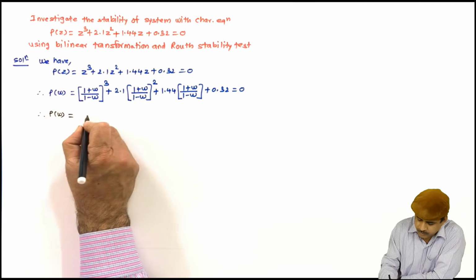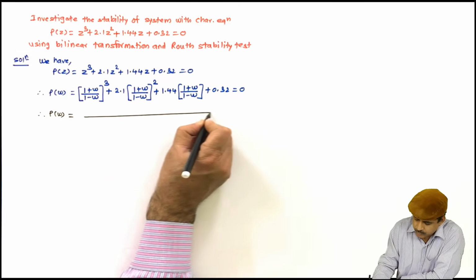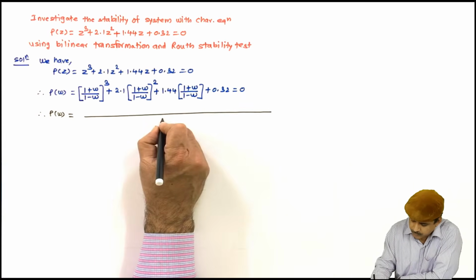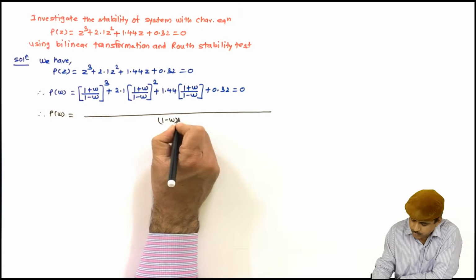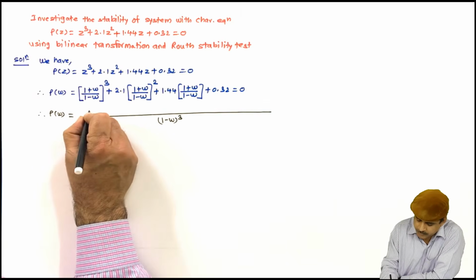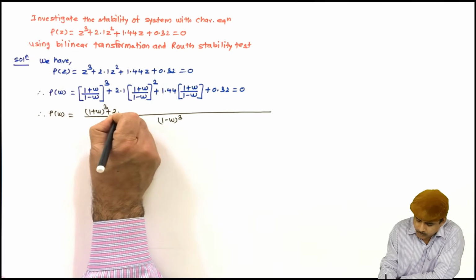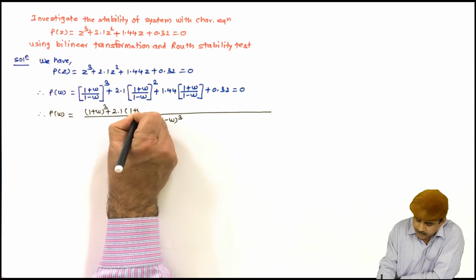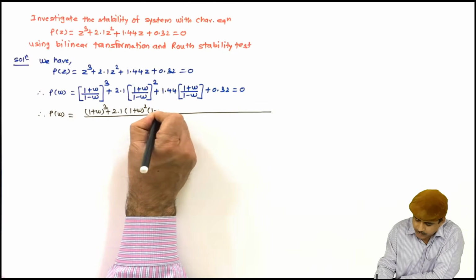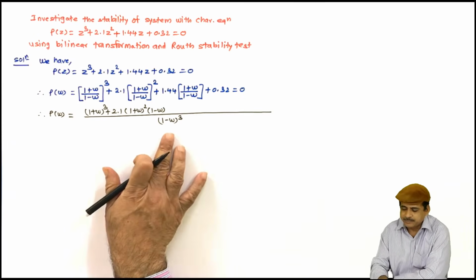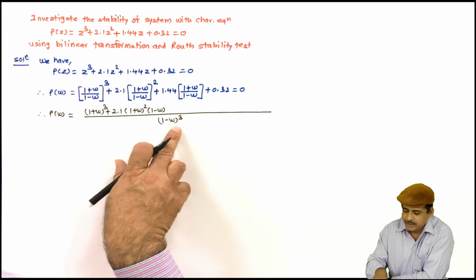So P of W will be equal to 1 minus W whole cube. So this will be 1 plus W whole cube plus 2.1 into 1 plus W whole square into 1 minus W, because we are taking LCM. Now the denominator is common, 1 minus W cube.